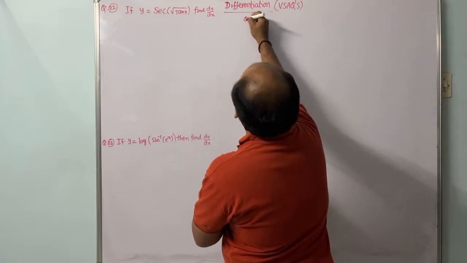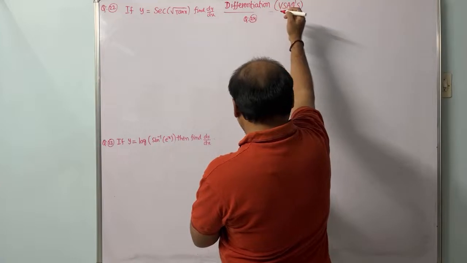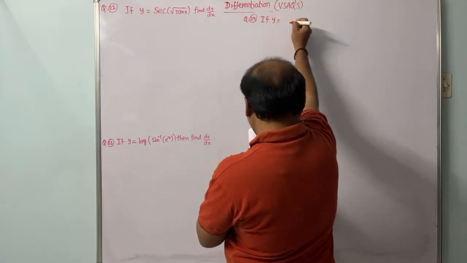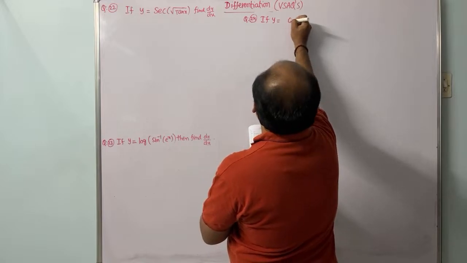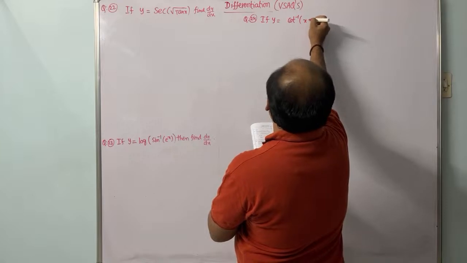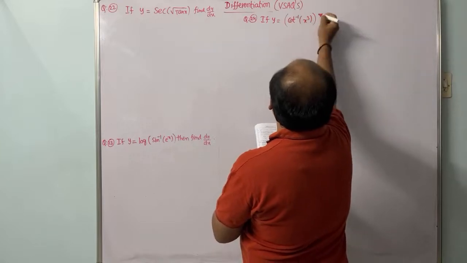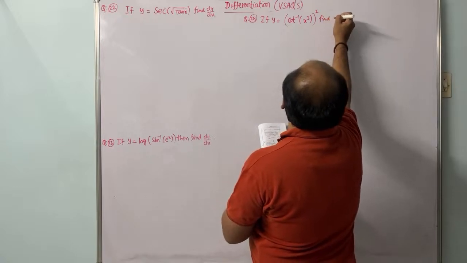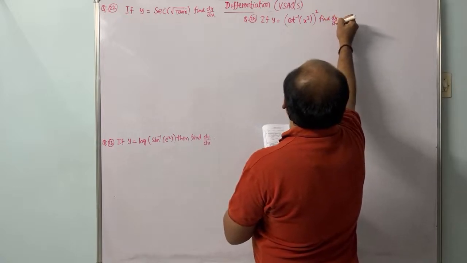Next question number 24. If y equal to cot inverse of (x power 3) whole square, find dy by dx or y dash.